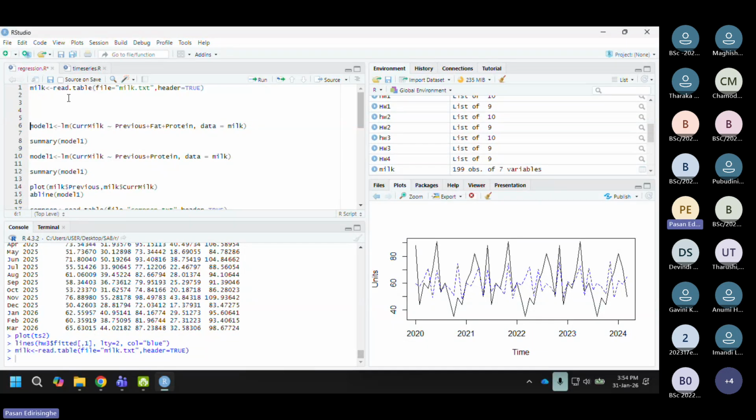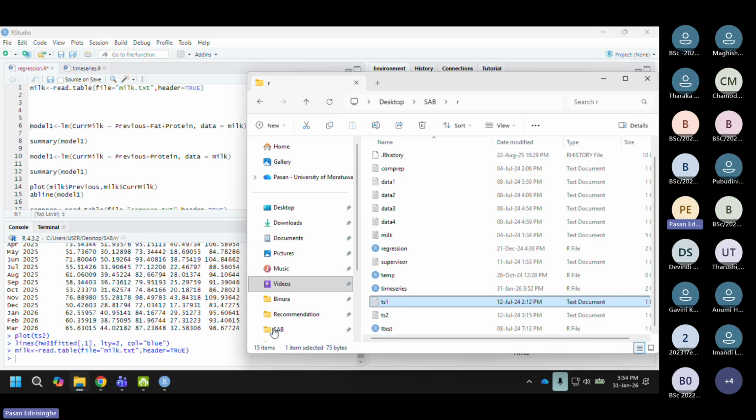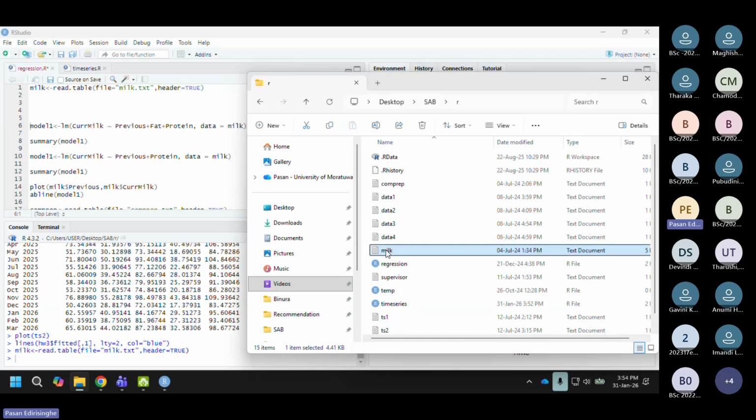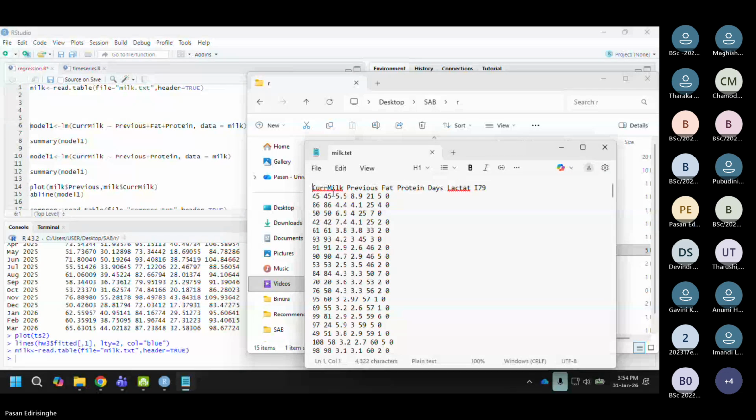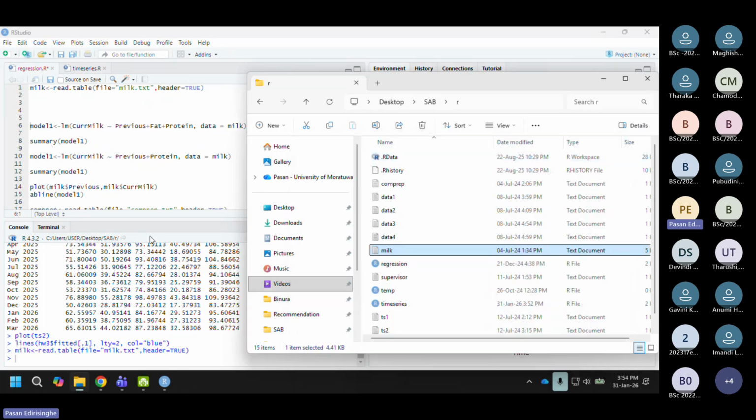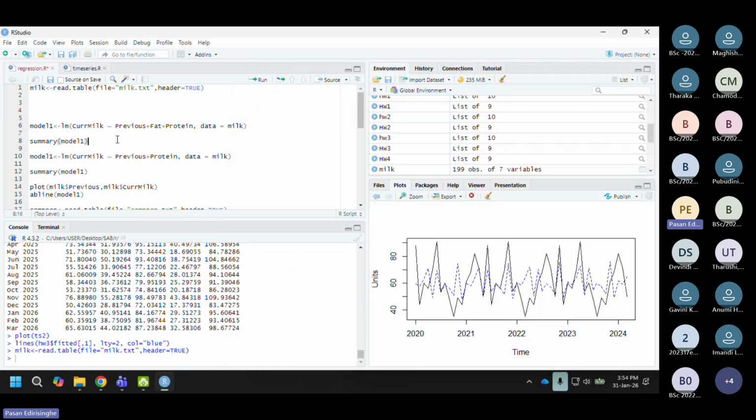So I'm reading that data set. Let's open that one and see. So I have several variables there, right? This is the multiple regression.